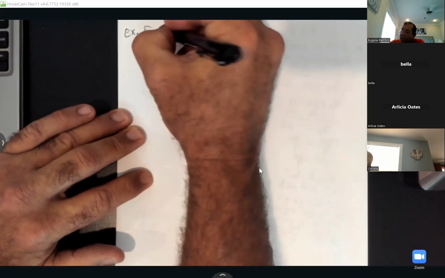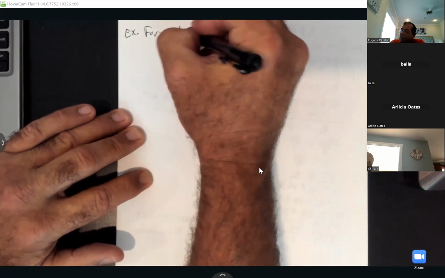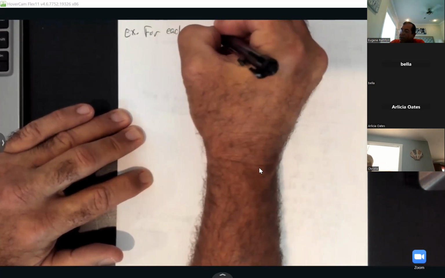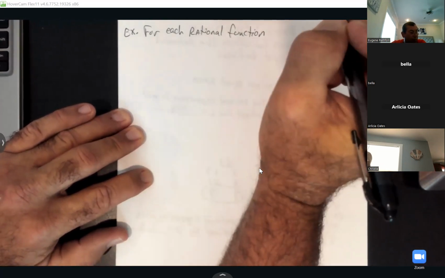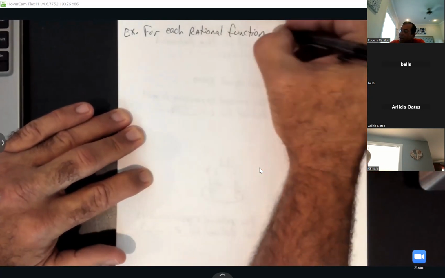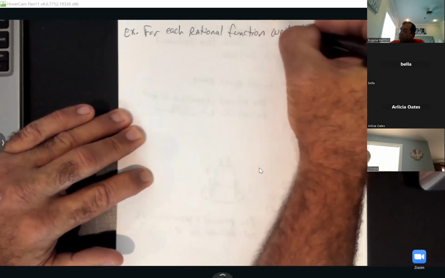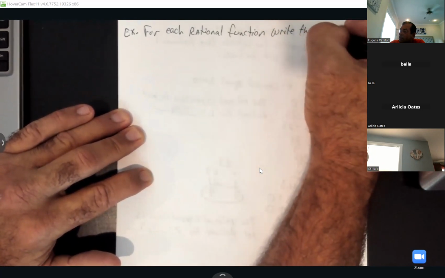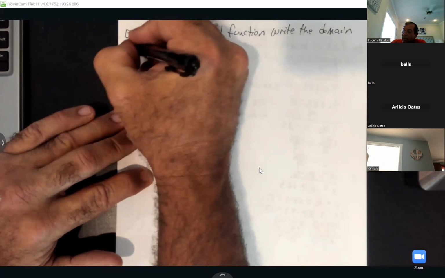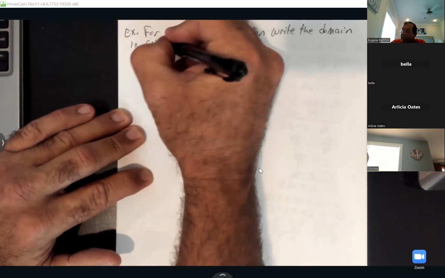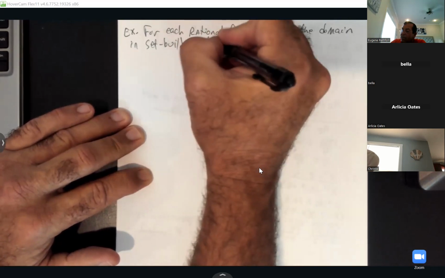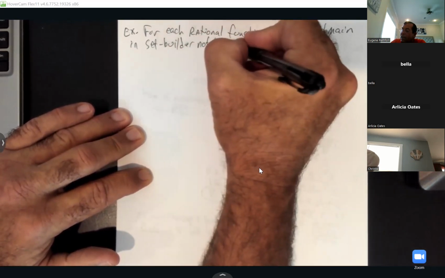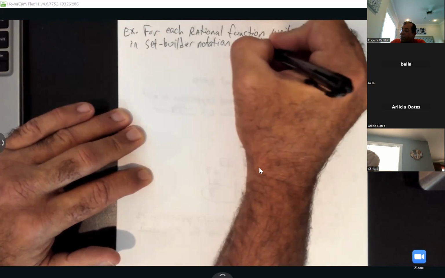So for each function, and these are rational functions, write the domain in set builder notation and interval notation.